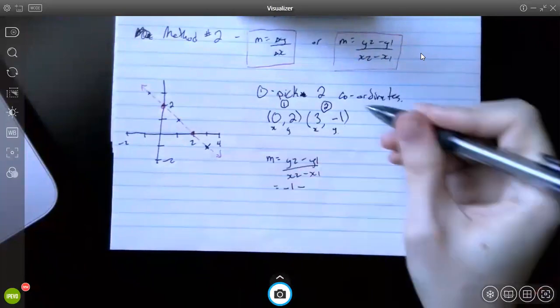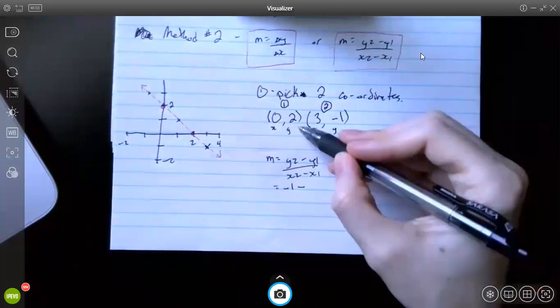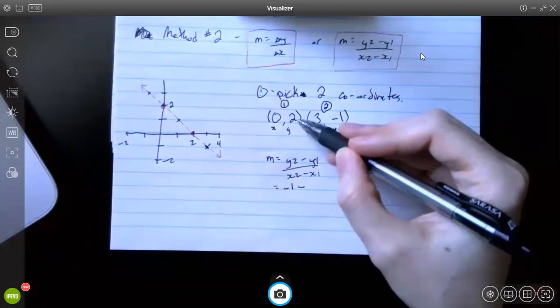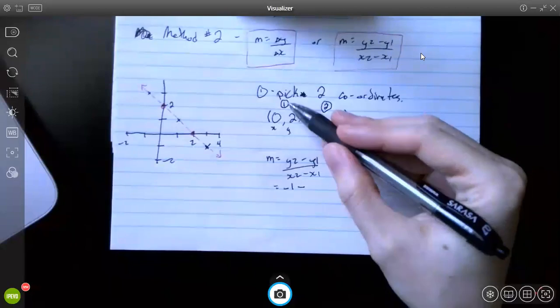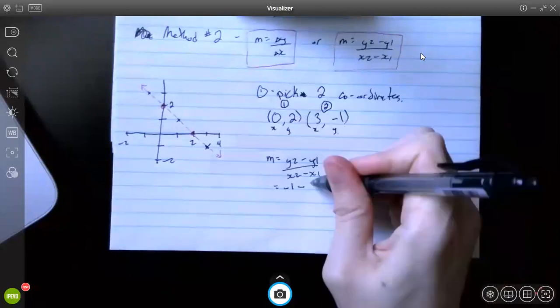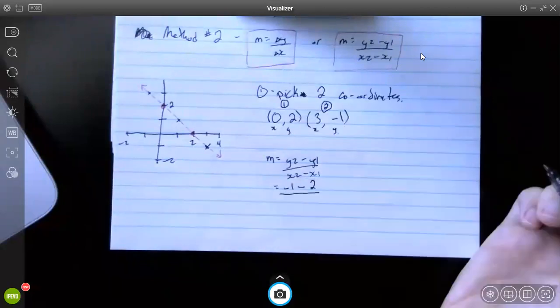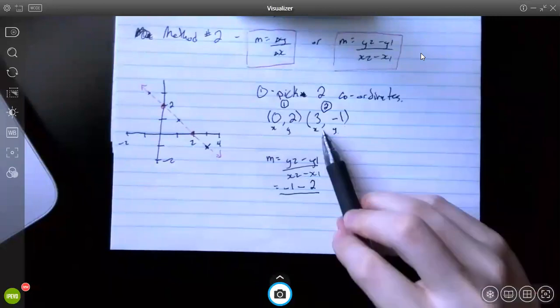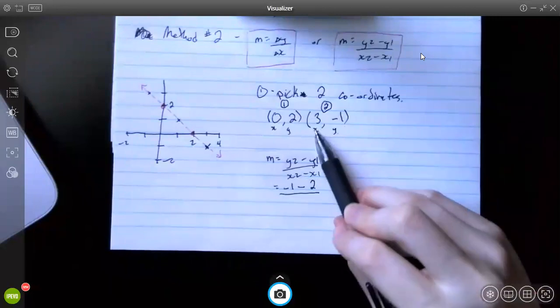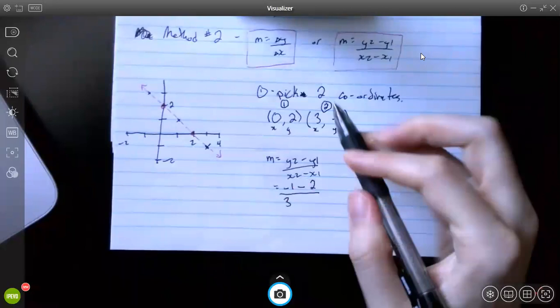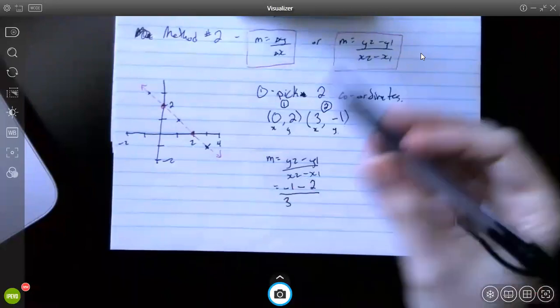And then I will be subtracting my y1, which is my y value in my first coordinate, so that's a 2. And then I'll do the same thing with my x's, so my x2 is a 3, and my x1 is a 0.